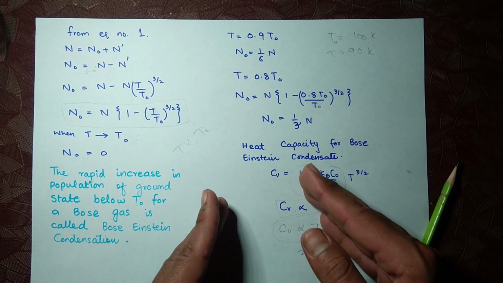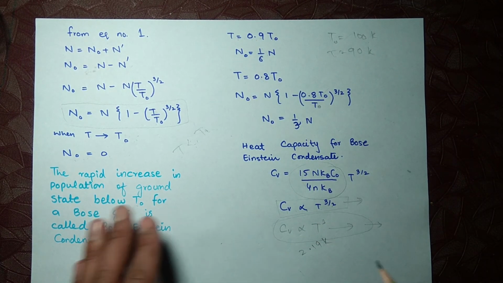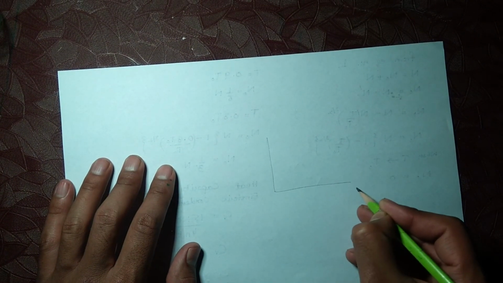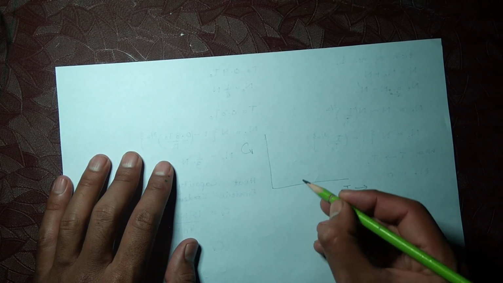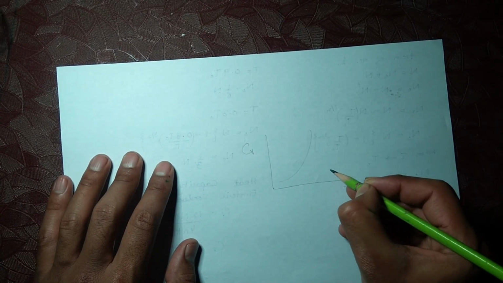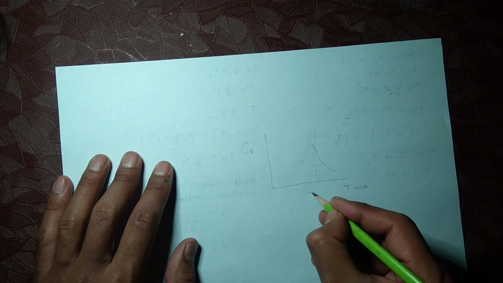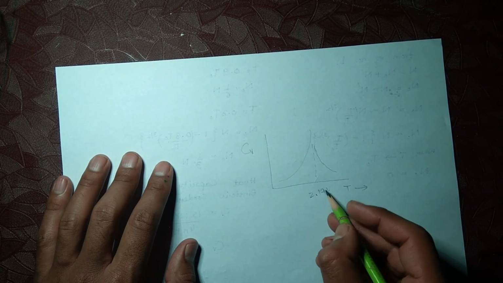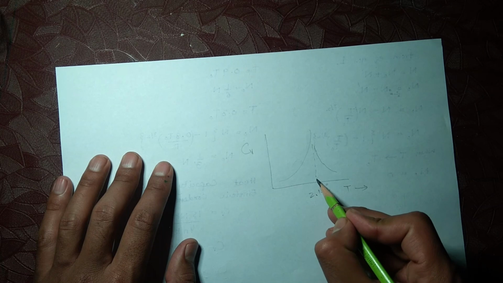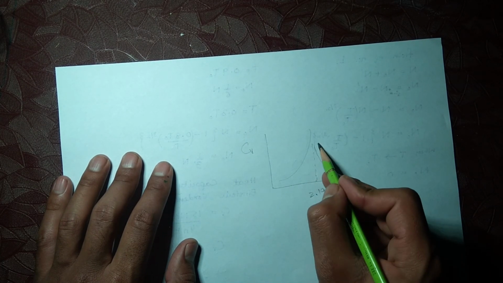They both reach equilibrium, and they have a graph like this. This is the temperature and this one is CV, and this is 2.19 Kelvin. This is in Kelvin. So this is equilibrium.